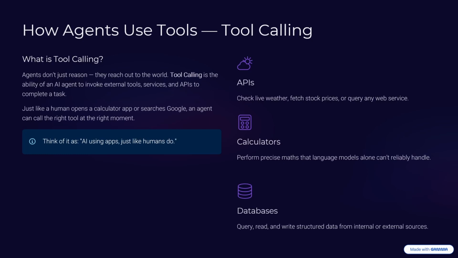Now next is tool calling. When we talk about an LLM alone, it has just been trained on some data and doesn't have any access to our current information. So how can we provide current information to any LLM? For that purpose we have tools. As humans, we also use tools. We use a calculator to calculate things.